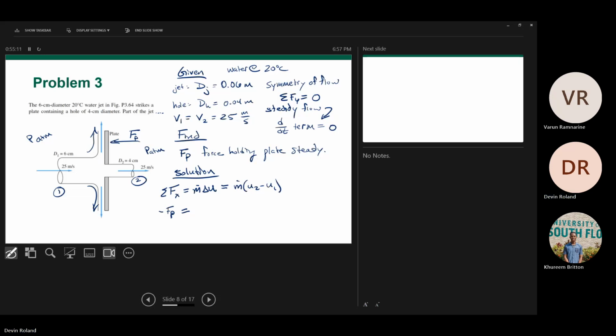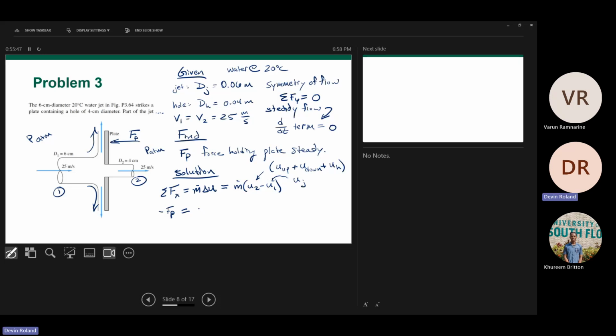So this u2 term is going to be a combination of the flow going up plus the flow going down plus the flow that's going through the hole, because of that incoming jet splitting into 3 different directions. So these are our 3 directions here. Then u1 is the flow of the jet itself.